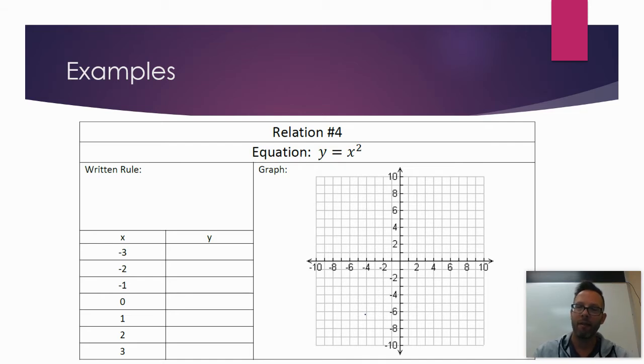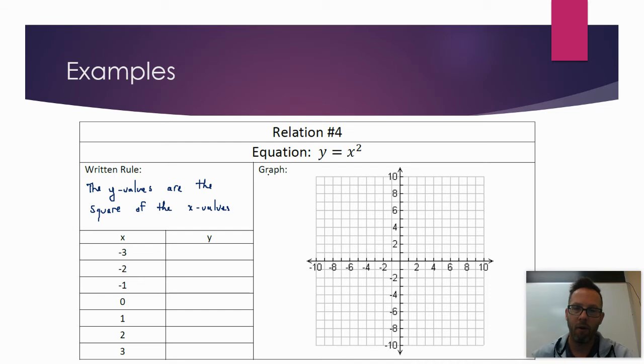If you haven't done that yet, let's look at this one. This equation, the written rule, is saying that to get the y values, you square the x values. The y values are the square of the x values.